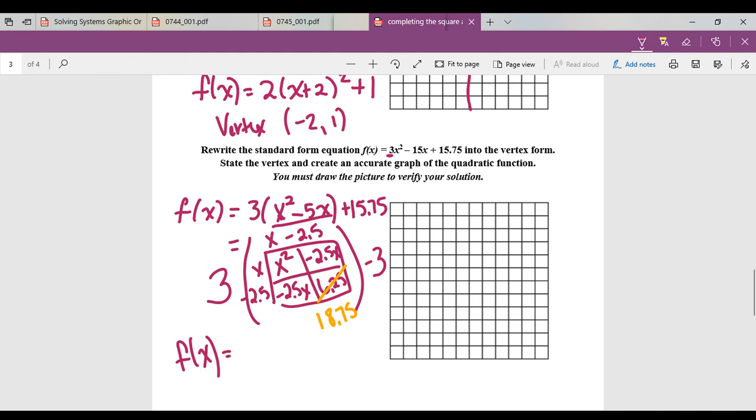All right, so our equation is 3 times x minus 2.5 squared, and then our minus 3. So what is our vertex? Okay. That's going to be a little annoying to graph, but not terrible.